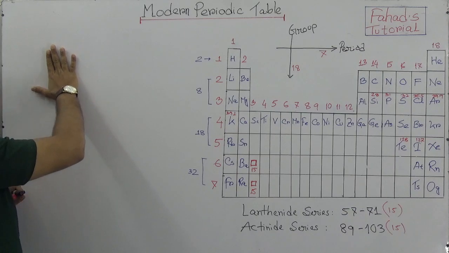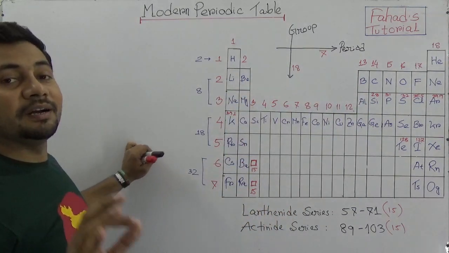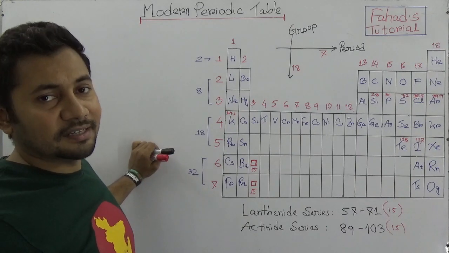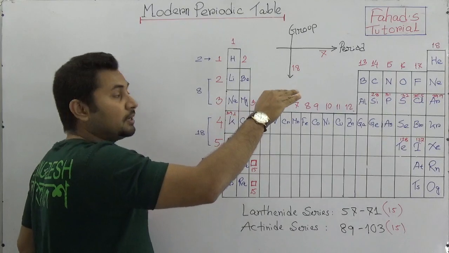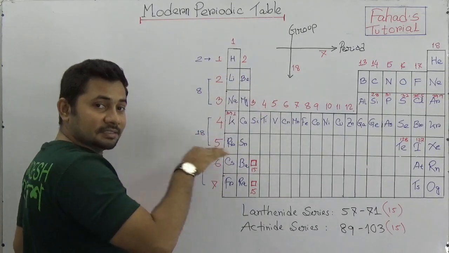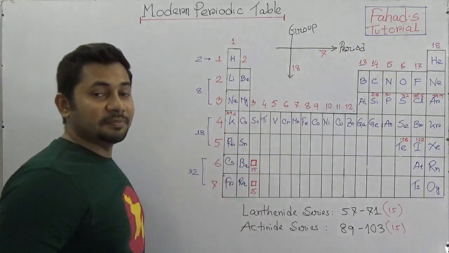Before going to explain it, you see that this is the modern periodic table, where 118 elements are there. We have 7 periods and 18 groups in the periodic table.